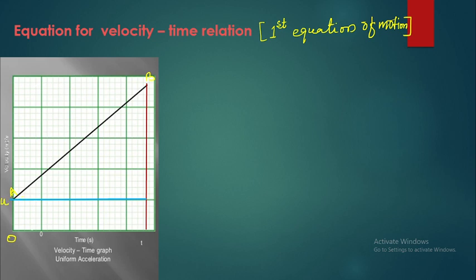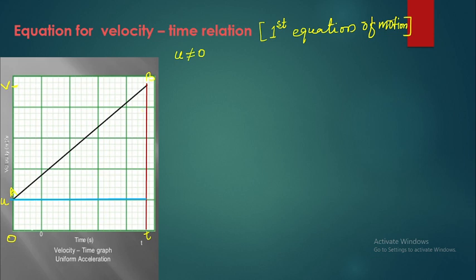In this situation, initial velocity is not equal to 0. You can see the initial velocity of the object is small u at point A, and then it increases to v at point B in the time small t. The velocity changes at a uniform rate small a.